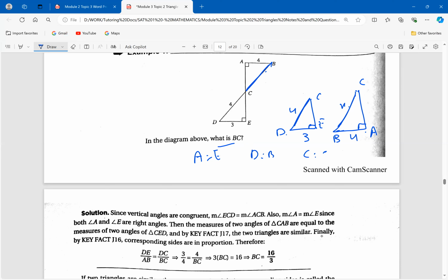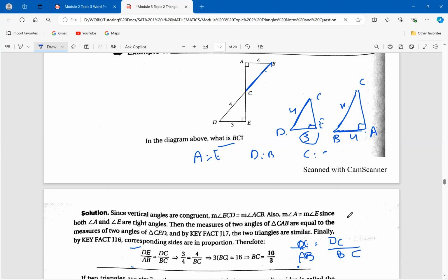Okay. So now you can use proportions, right? If we use proportions of lengths, DE, which is 3, is equal to AB, just as we used the proportion over here. DE over AB, or we can do AB over DE, because they both are proportional. So let's write DE over AB equals DC over BC.